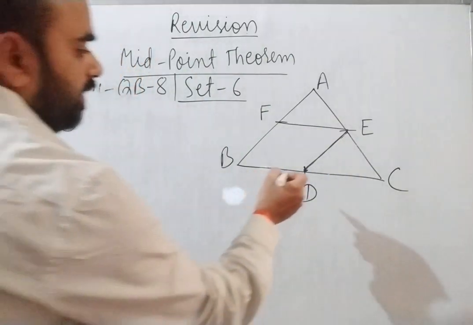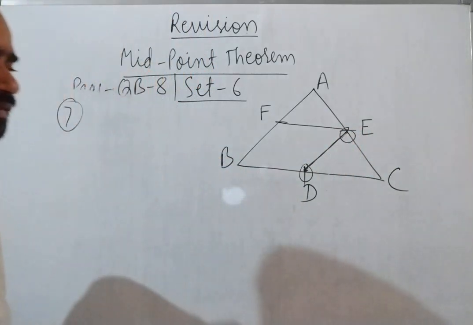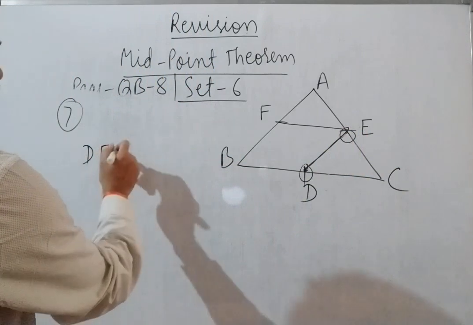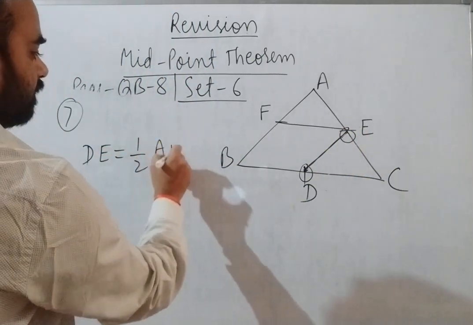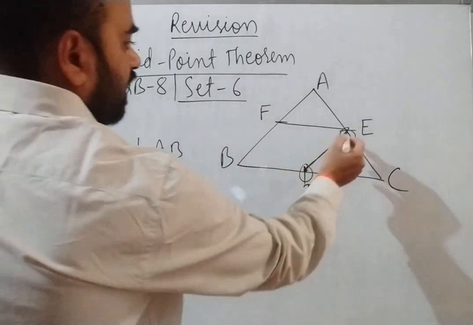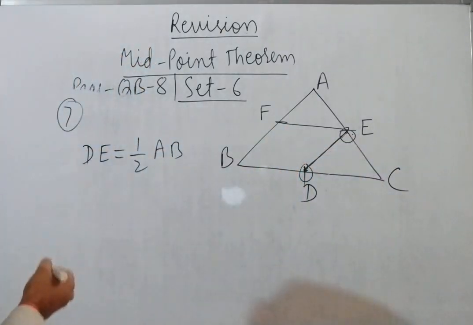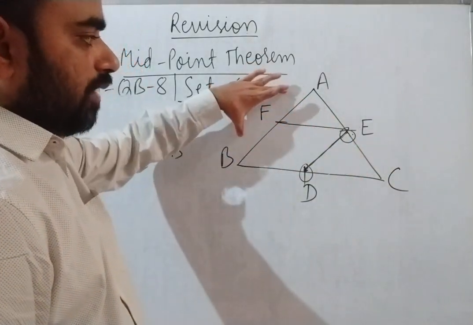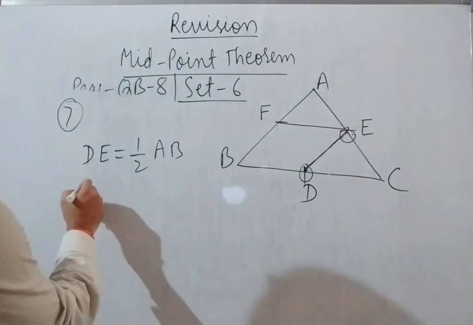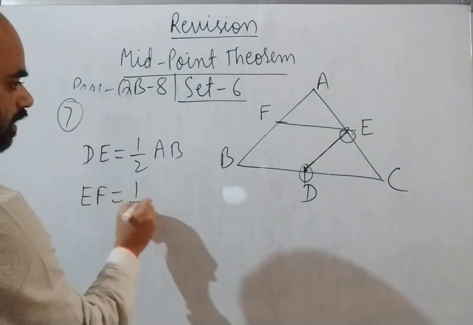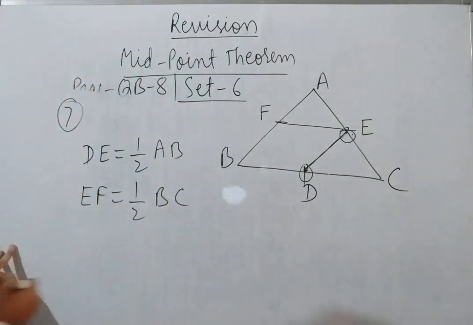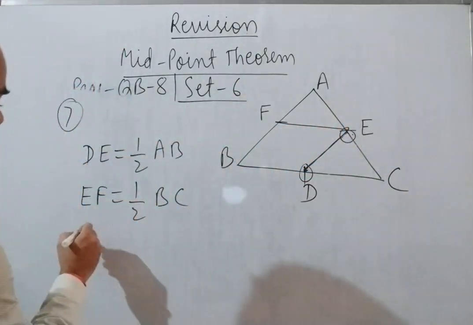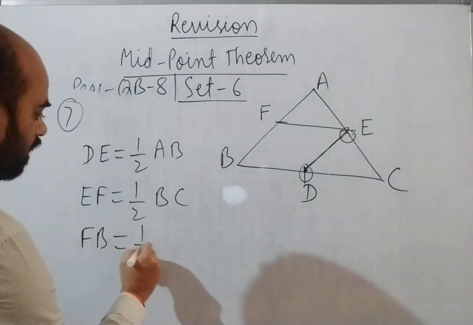See, D and E are the midpoints of sides BC and AC. It means DE will be equal to half of AB. Correct? Similarly, E and F are the midpoints, so EF is equal to half BC. Similarly, now DE done, EF done, FB is also equal to half of AB.